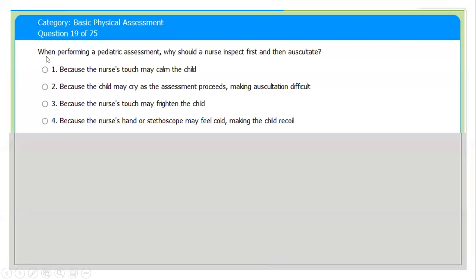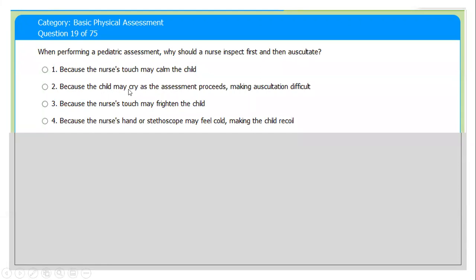The next question: when performing a pediatric assessment, why should a nurse inspect first and then auscultate? Inspection is first, then go for auscultation using a stethoscope. Why? Number one, because the nurse's touch may clean the child.